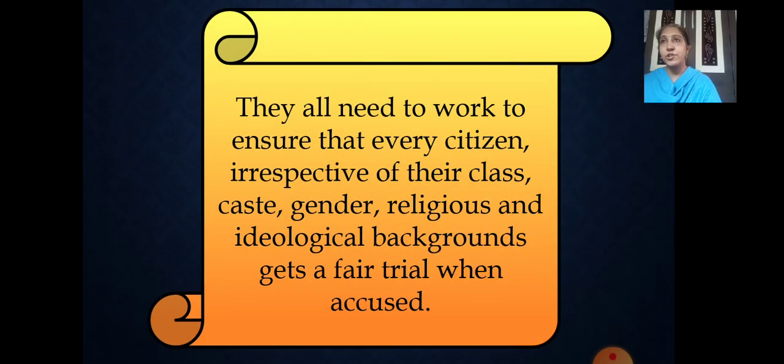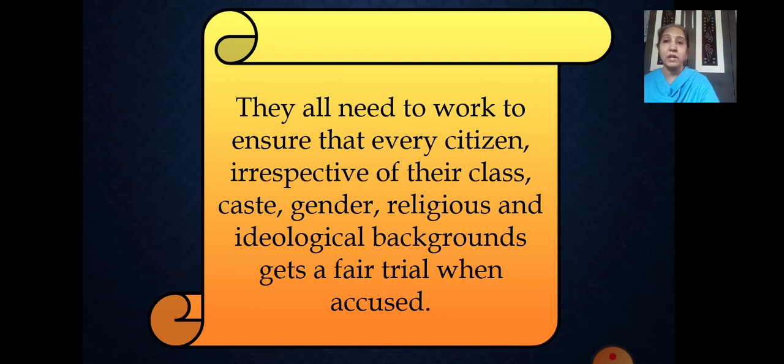Now the constitution and the law state that all of these persons we have discussed in this chapter carry out their roles in a proper manner, right? Everybody has their importance in their own place. So what this means is that they all need to work for what? To ensure that every citizen, irrespective of their class, caste, gender, religious and ideological backgrounds, gets a fair trial when accused.